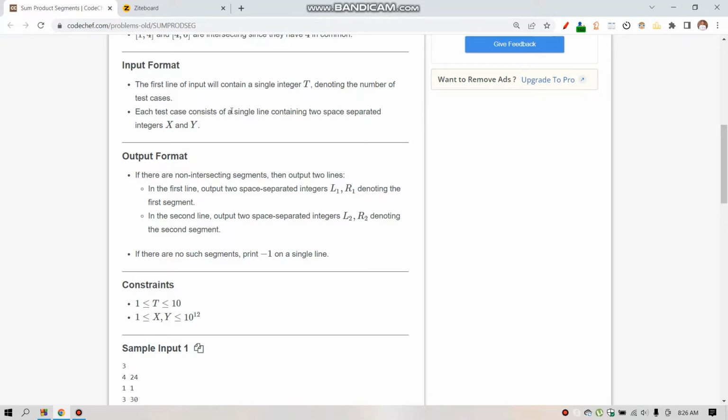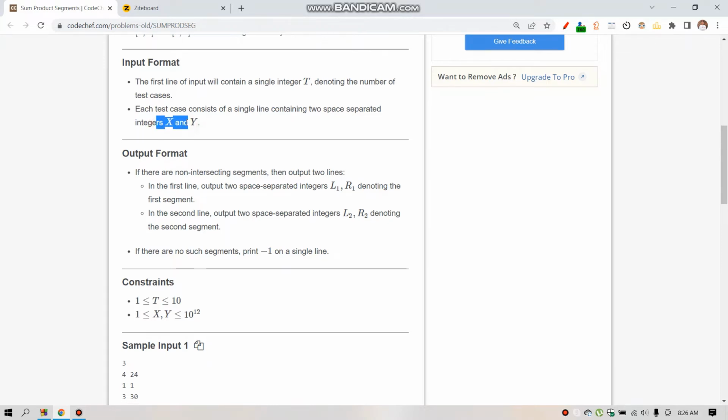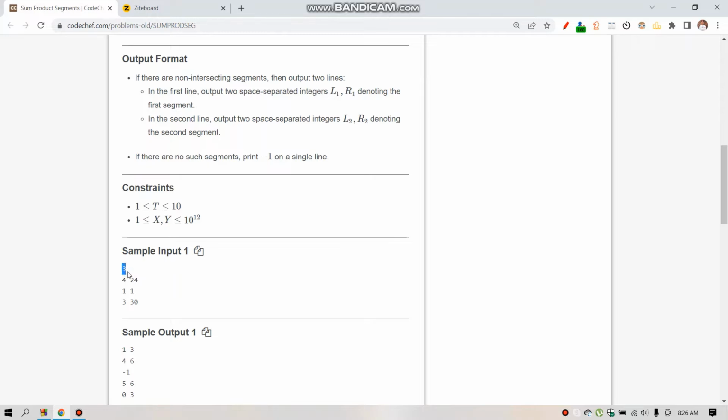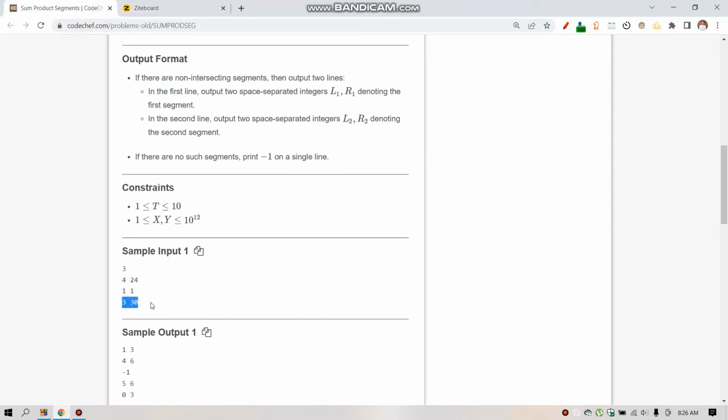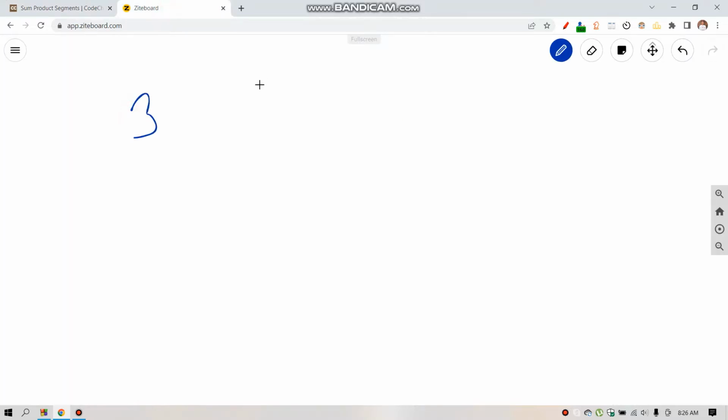Each test case contains a single line containing two specified integers X and Y. So this is the number of test cases, 3, and the two integers X and Y. So if we talk about the third test case, like 3 and 30, this is our X and this is our Y.